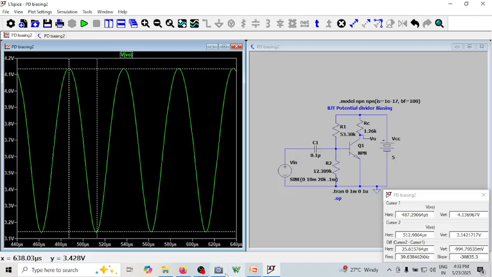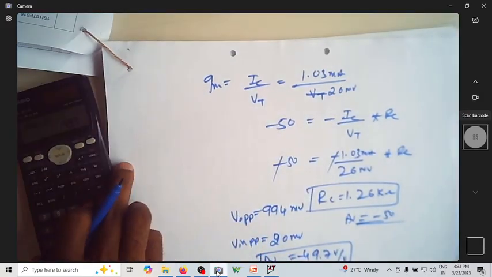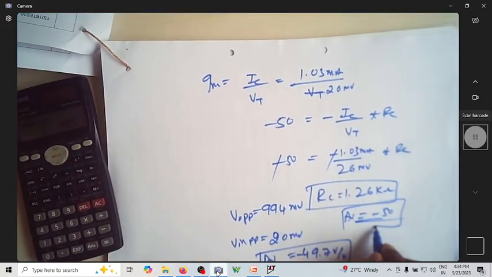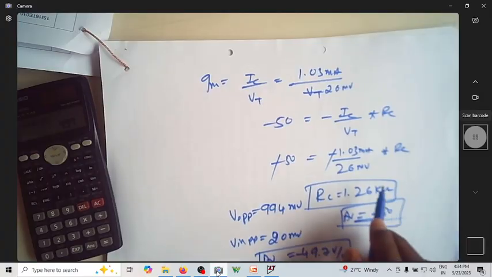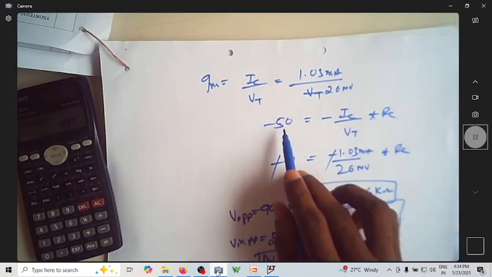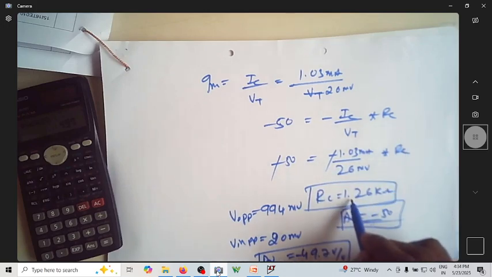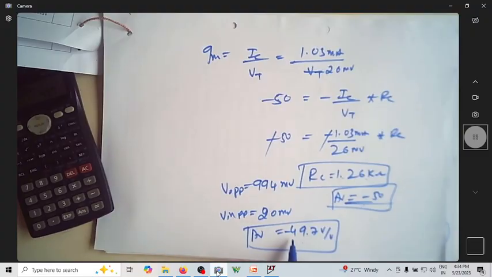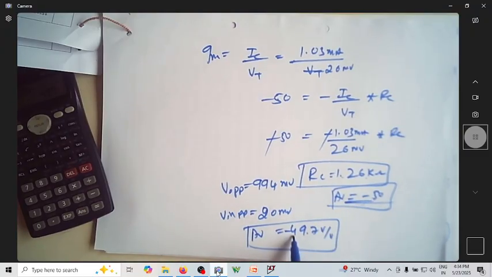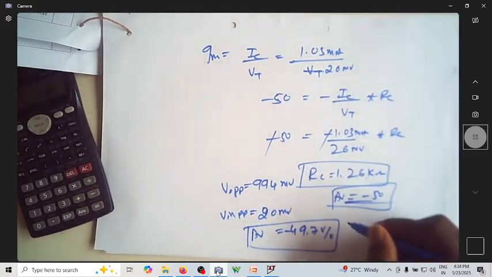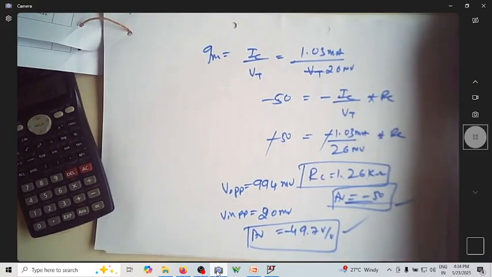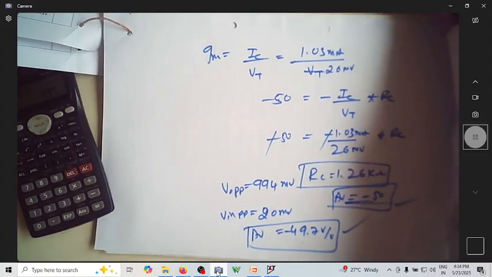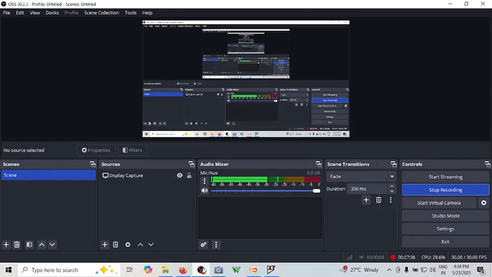We actually designed for a gain of 50 here. If you change the value of Rc to 1.26k, you're getting a gain of almost minus 50. You expected minus 50, you're getting minus 49.7. So this way you can design an amplifier for any gain. Thank you.